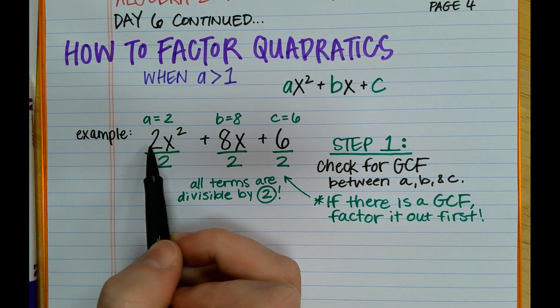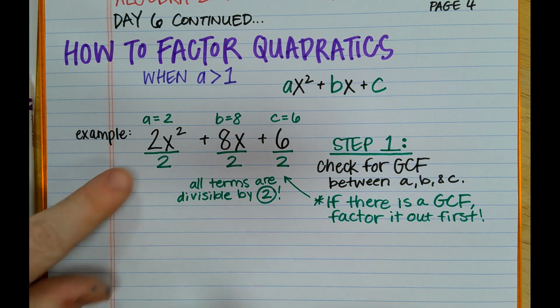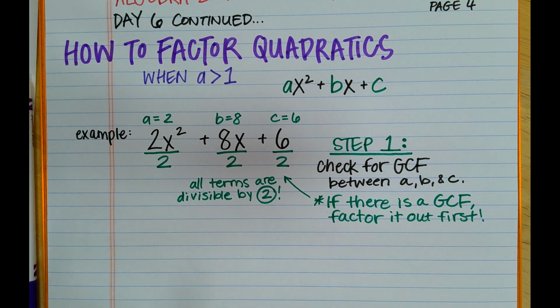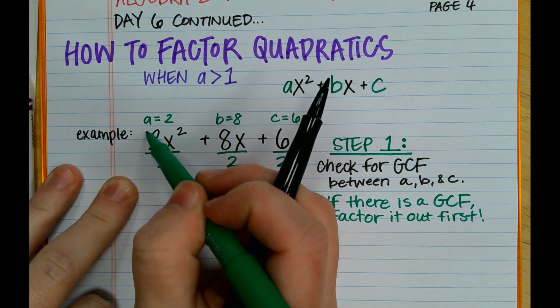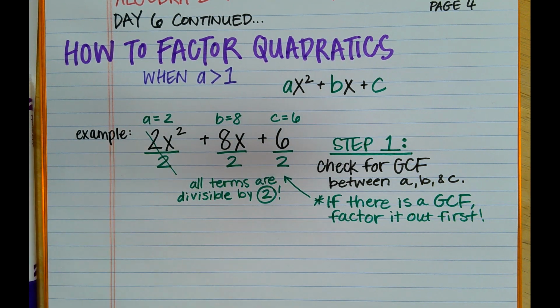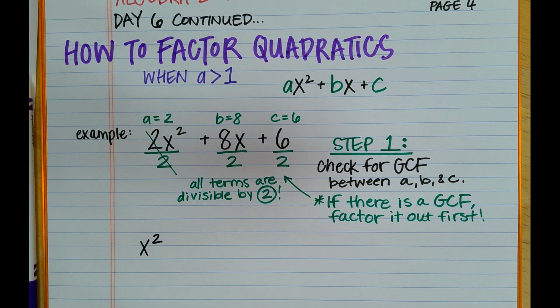So 2x squared divided by 2, what's that going to do? I'm dividing, not multiplying. 2 divided by 2 is 1, so it cancels it out. This is going to become x squared. Not too bad, guys.